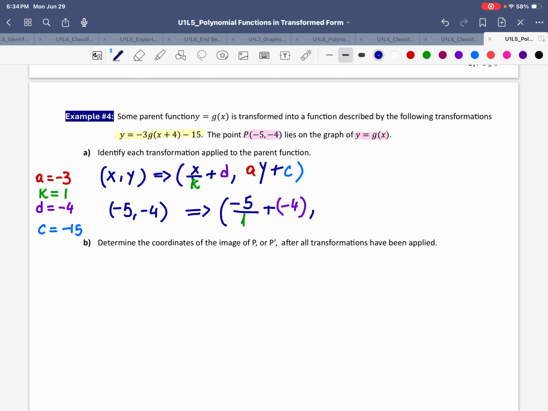Whereas the y coordinate is now multiplied by -3. The y coordinate is -4. And then we add the coefficient c, which is -15.